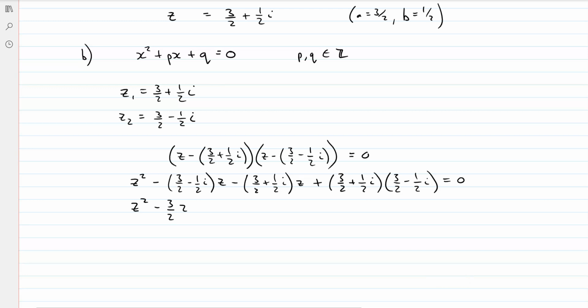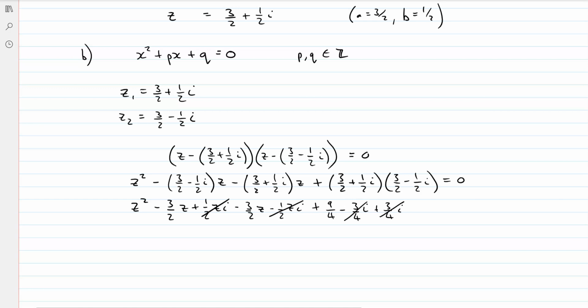So we get minus 3 over 2 z plus a half zi, minus 3 over 2 z minus a half zi, so we can get rid of them straight away. 3 over 2 times 3 over 2, top by top, bottom by bottom. 3 over 2 times minus a half i, top by top, minus 3 over 4, bottom by bottom i, and then plus 3 over 4 i, and you'll start to spot these little things cancelling each other out.